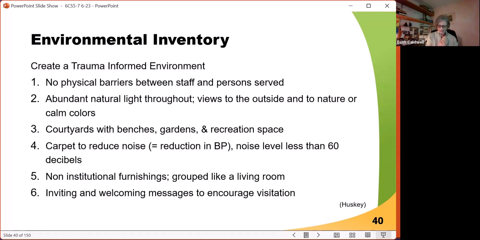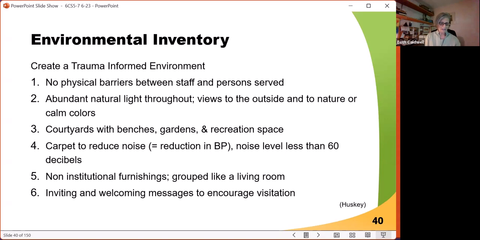In Arizona, one residential program had a big sign on the office door that said, "Don't come in the office without permission." They changed that to, "We're here for you." And Kathy Fuentes, who used to work in one of your programs, one of the first things she did was take down the sign on the outside of her children's unit door that said visiting hours 6 to 8, and she put "families welcome anytime."